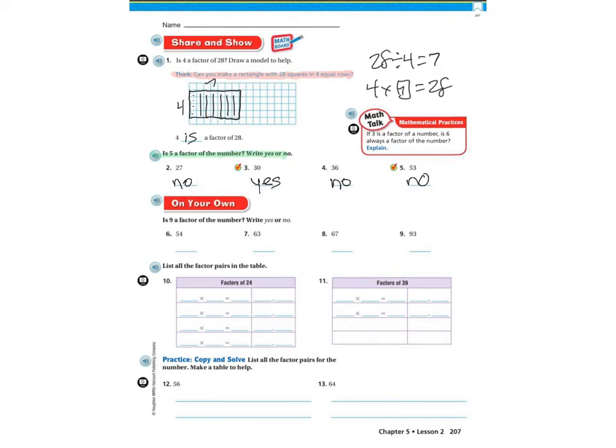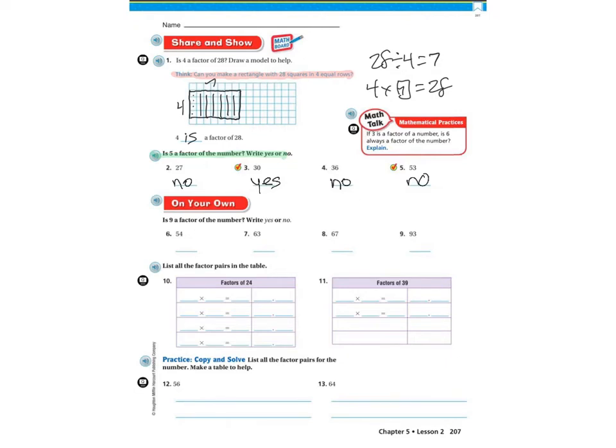All right, now on our own, let's look at our factors. Is 9 a factor of the number 54? So how do we figure this out? Well, we can just look at this, and a lot of us are going, yeah, totally, that's our basic math fact. 9 times what gets me 54?